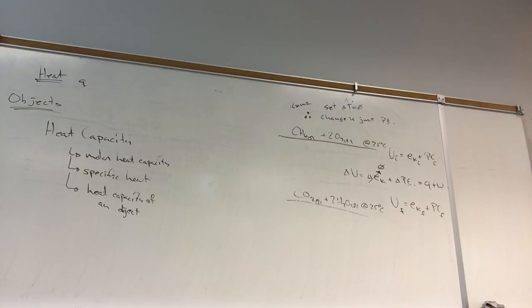So for example, what are the units for energy? You guys know? Joules. If you gave 1,000 joules of energy to a pot of water versus 1,000 joules of energy to an aluminum plate, are they going to heat up to the same temperature?